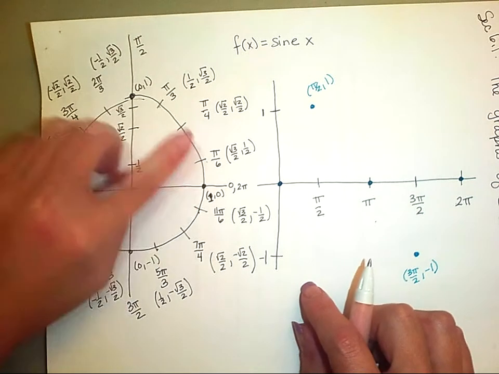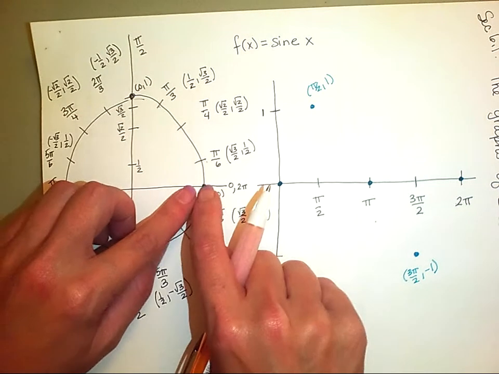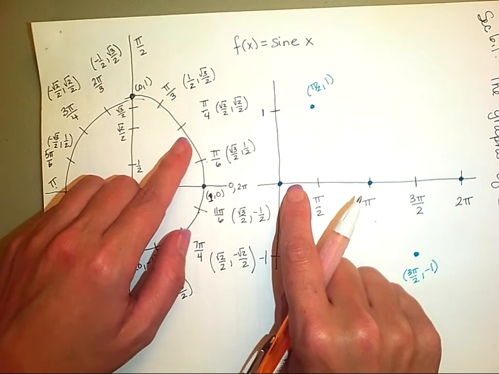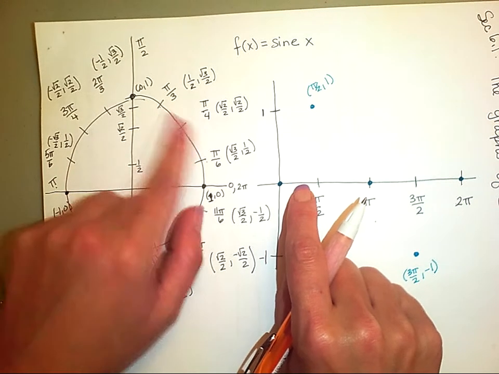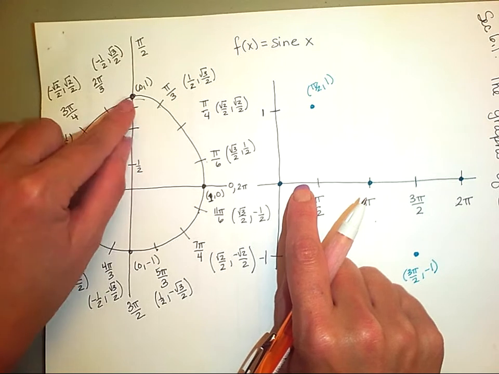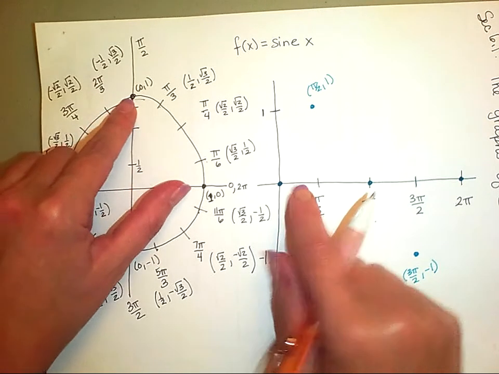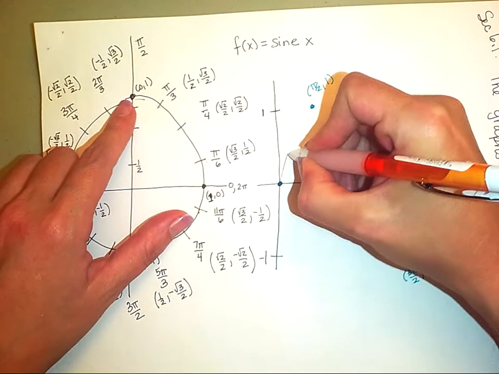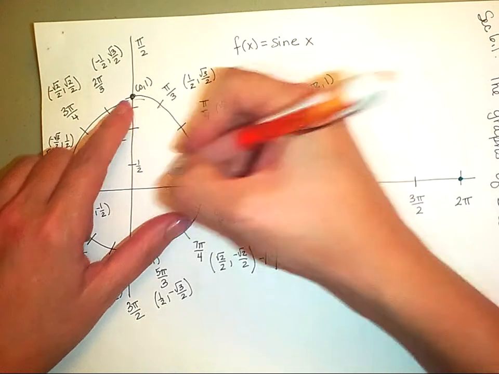Now let's see what's happening in our first quadrant. Well, as I move from pi over 6, which is in here, to pi over 4, to pi over 3, these values of sine are increasing until they get to 1. Okay? So they are increasing until they get to 1 through here.